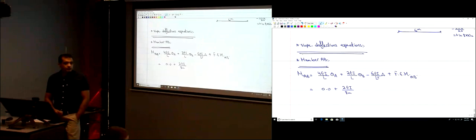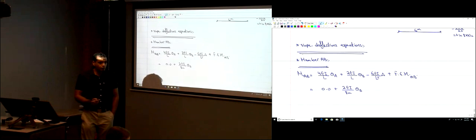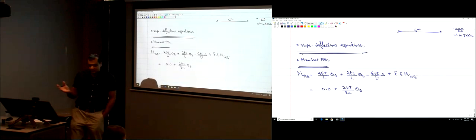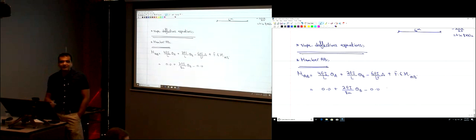How much is theta B? Unknown, so I'll just leave it as theta B. Minus 6EI divided by L squared delta. What's delta? 0. Delta is the differential deflection between point A and B, which is 0. So this term is 0. How much is the fixed end moment AB? 0.